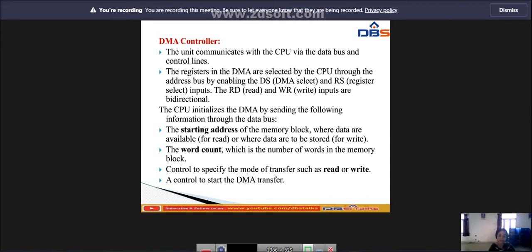Next, the CPU initializes the direct memory access by sending the following information through the data bus.